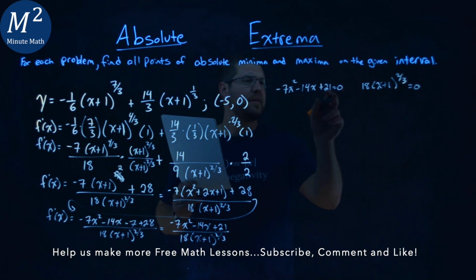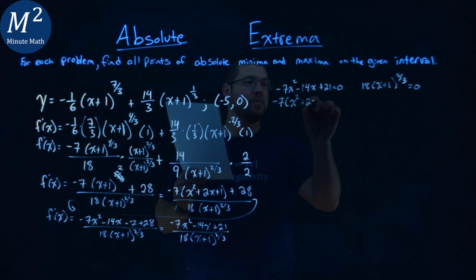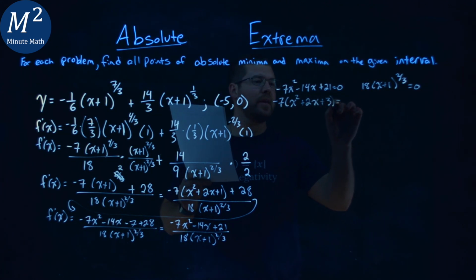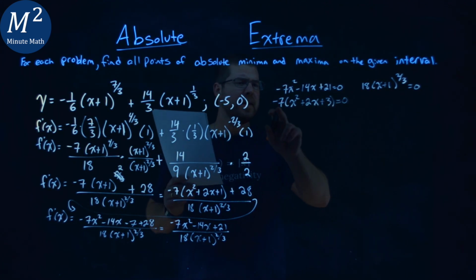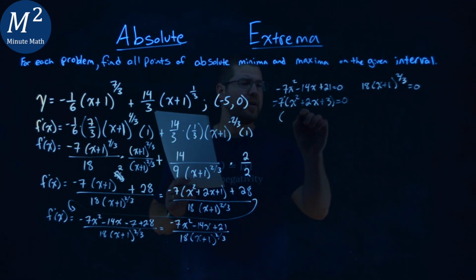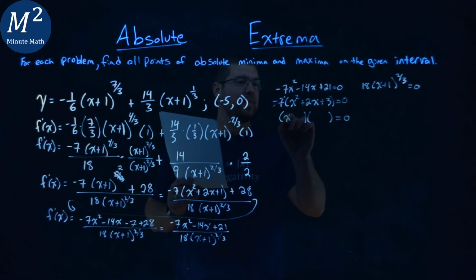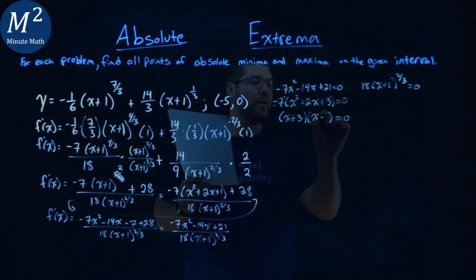If I pull out a negative 7 from all parts, I'm left with x squared plus 2x plus 3 equals 0, wait, that's x squared plus 2x minus 3, and that's a little easier to factor. Divide both sides by negative 7, we can just eliminate that. This factors into x plus 3 and x minus 1.